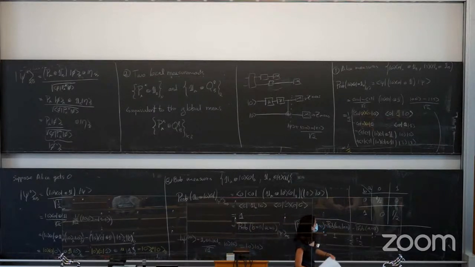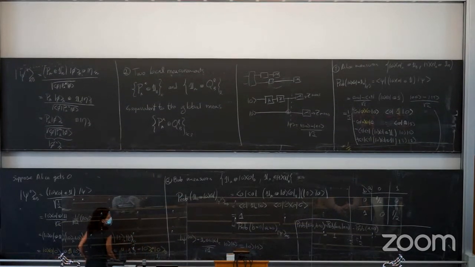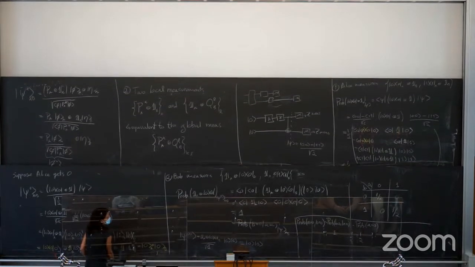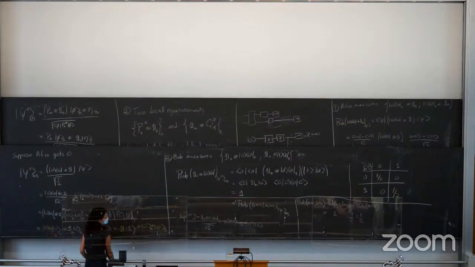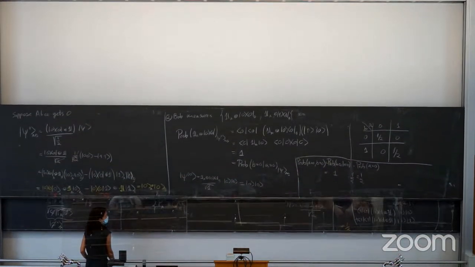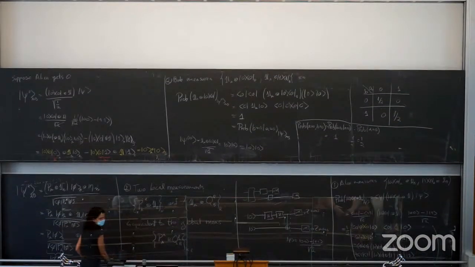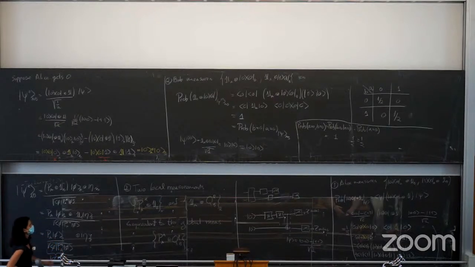The strange thing about this post-measurement state is that it seems to have acted on B, even though it was just a local measurement that Alice did in her lab. But we'll talk later about quantum states as states of knowledge, and you'll see other ways of modeling the same situation later on.